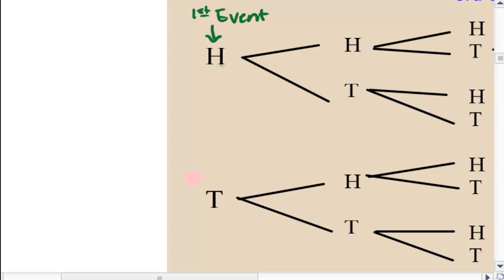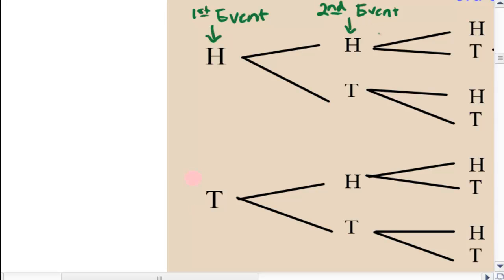Now that we have flipped the first coin, we're going to flip the second coin and list all the possible outcomes for it. Our second event is flipping another coin. This would be the same whether I flipped one coin 3 times or flipped 3 coins. The same outcomes will appear.